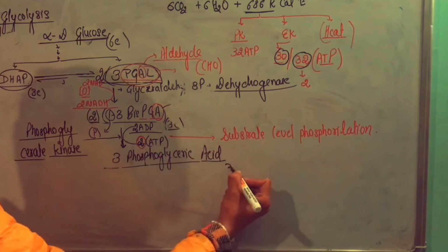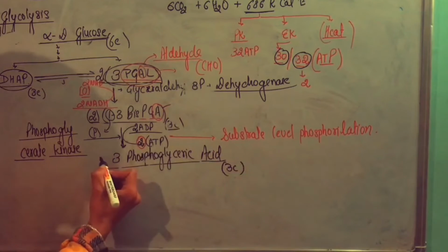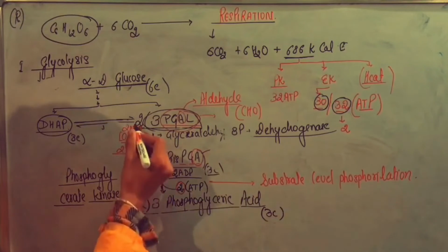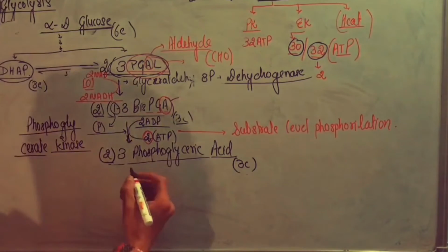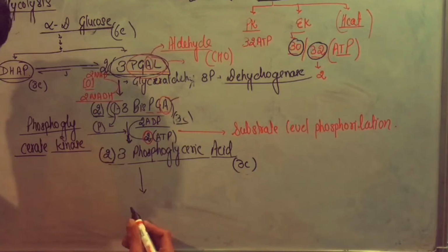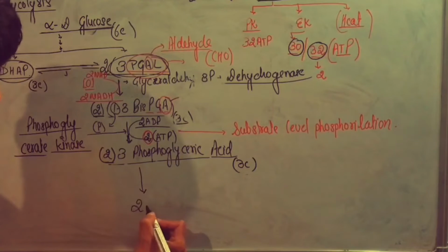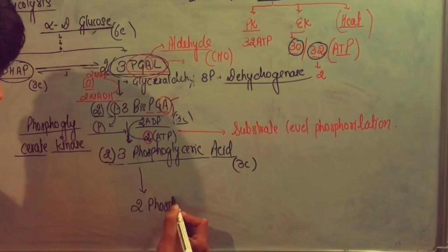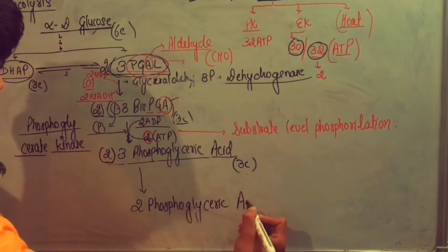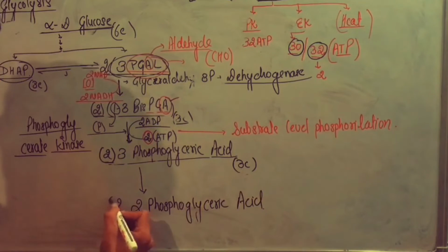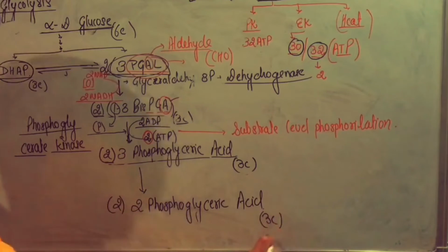It is a 3-carbon compound and 2 molecules are formed because 2 molecules of 1,3-bisphosphoglyceric acid were used. Now from 3-phosphoglyceric acid, the phosphate group is moved to the second position, which forms 2-phosphoglyceric acid. 2 molecules and 3 carbon.